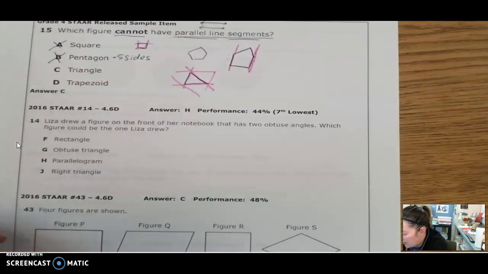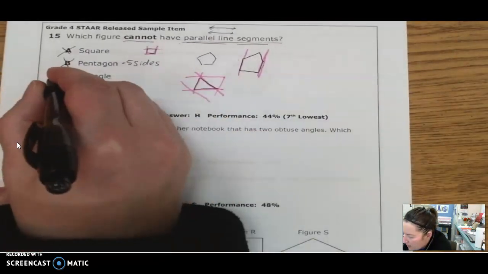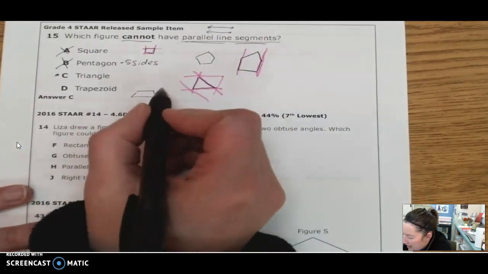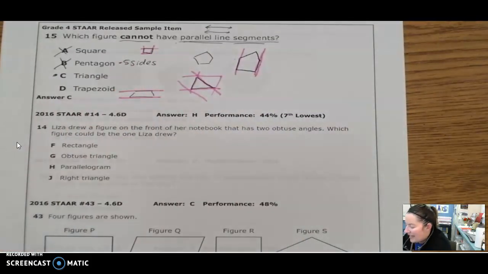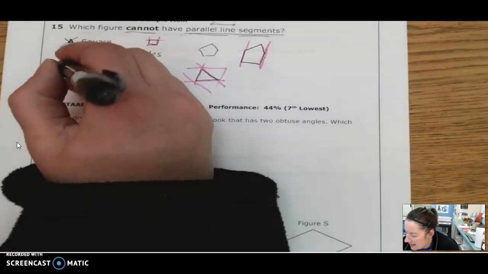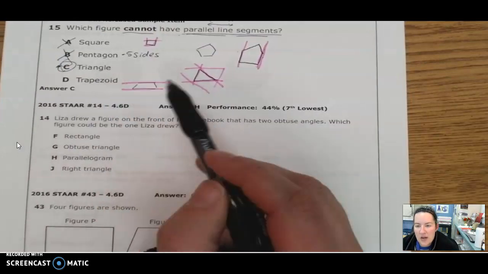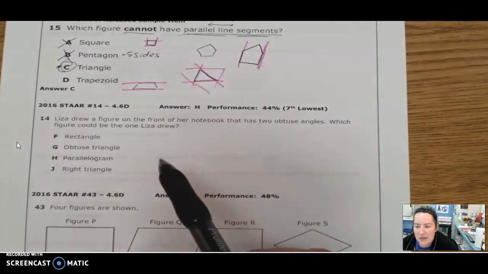A triangle is not going to have parallel sides. A trapezoid, I know, has 1 set of parallel sides. So which one absolutely is impossible to have parallel sides? It's C, triangle. We knew the answer was going to be triangle, but I wanted to show you how you have to think through each of these things.